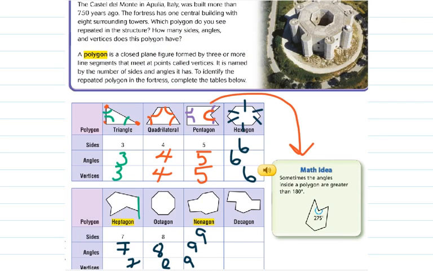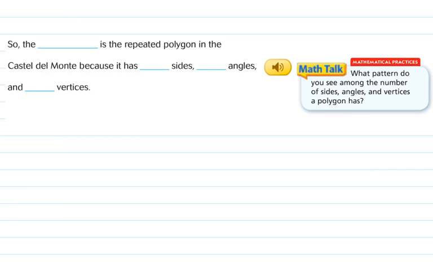And a decagon, 10 sides, 10 angles, 10 vertices. So boys and girls, the octagon is the repeated polygon in the Castel del Monte because it has 8 sides, 8 angles, and 8 vertices.